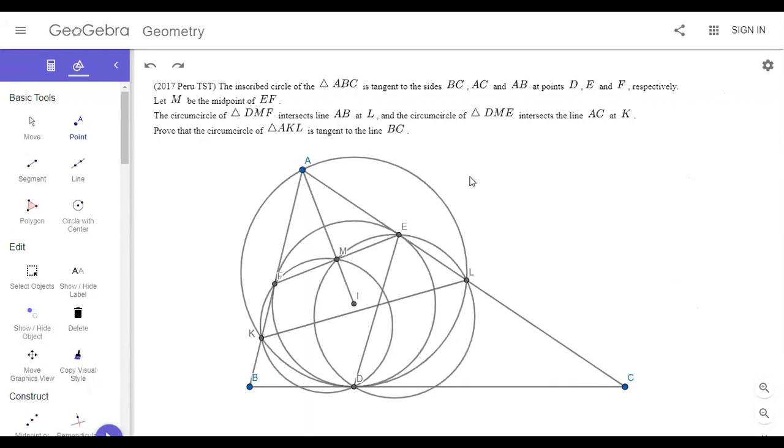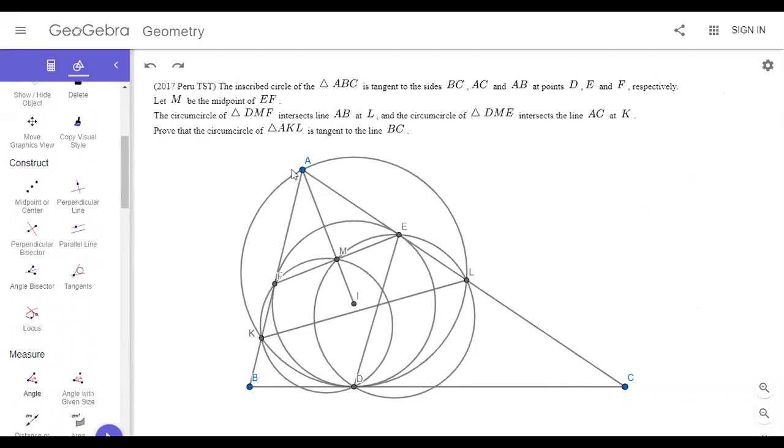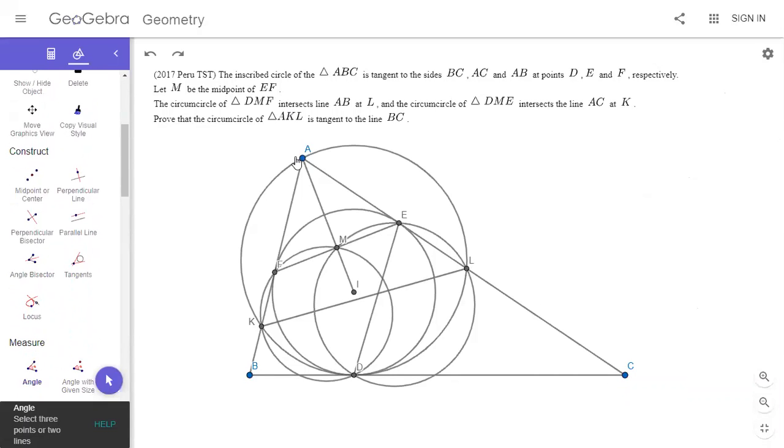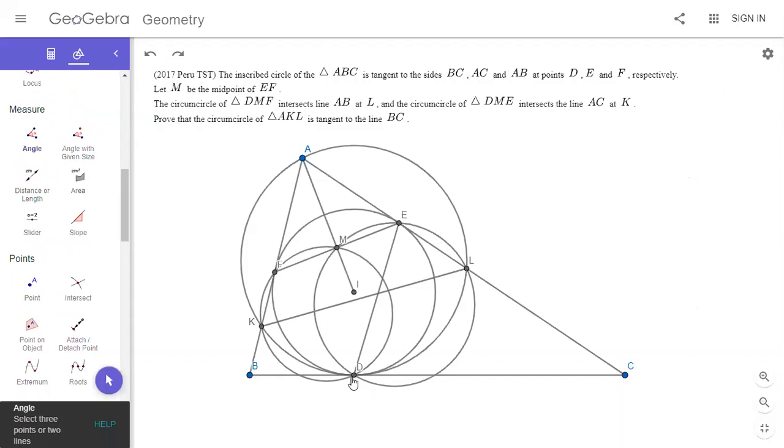Can we prove that ADC is equal to DME? Possibly. ADC is 103.5. And DME is 103.5. If that's true, we can just use an angle chase.